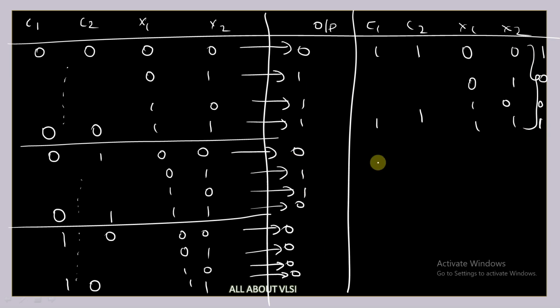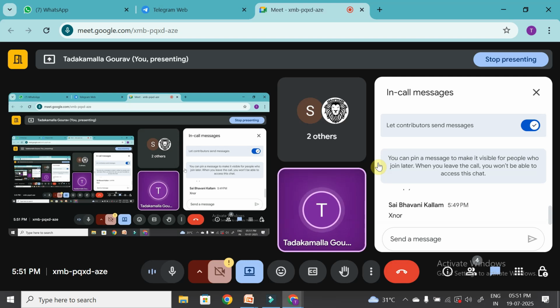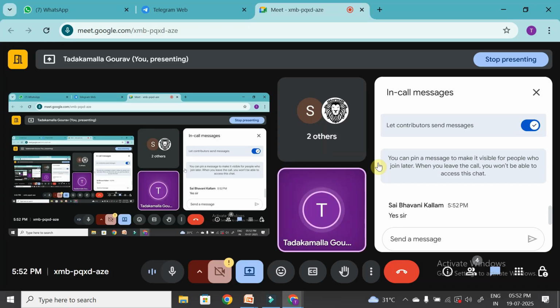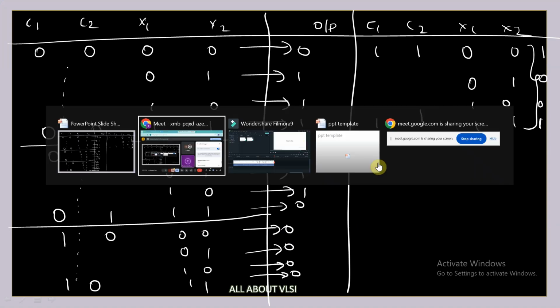From this we can easily take out our min terms and form the equation for your output Y. Is this clear? Yes or no? Please let me know in the chat box. Simply take the min terms where your output becomes 1. Consider those min terms, use a K-map, and solve that equation. I think you can do that, right?